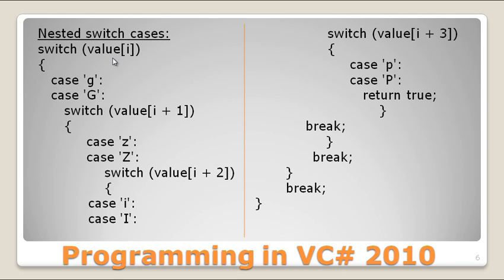And if you're not familiar with arrays, then wait for the video. We shall cover that in a later video. Simply consider that value of i is just simply an x, and it is being tested for a case of g, small g and capital G.